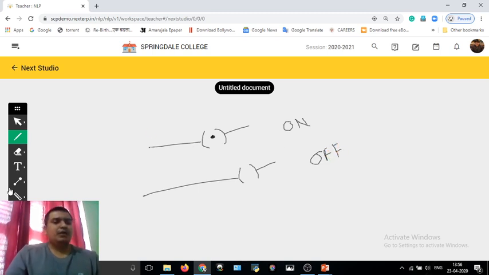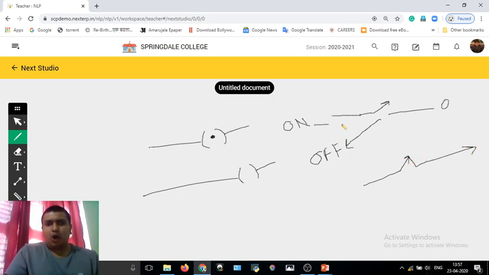Okay. One more type of key is also there among electrical symbols. Suppose this is a conductor and this is a wire. Now as you see, the wire is not connecting with the other one. It means the off condition is represented here, while on the other hand, if there is a conductor connecting with another wire, this type of symbol represents the on mode.